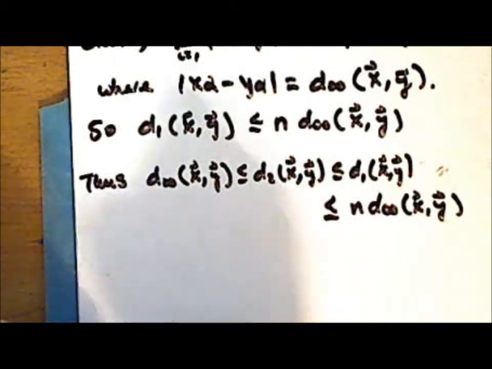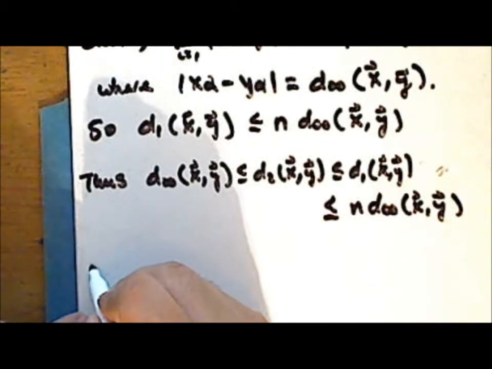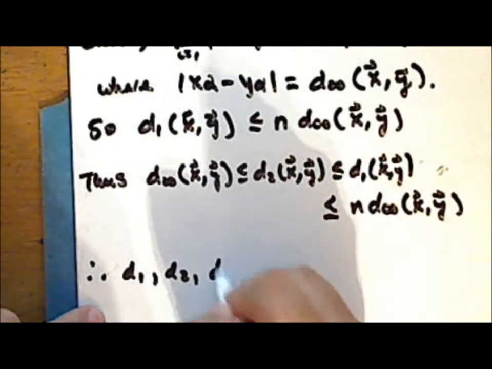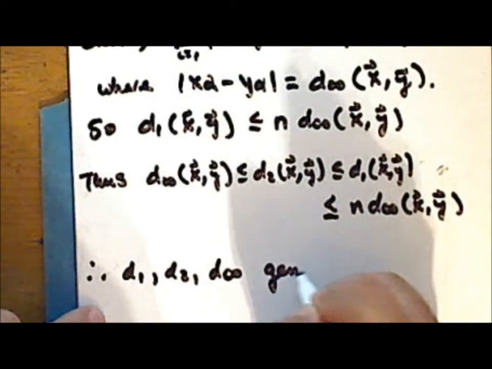And so by the previous theorem, the three metrics generate equivalent topologies.